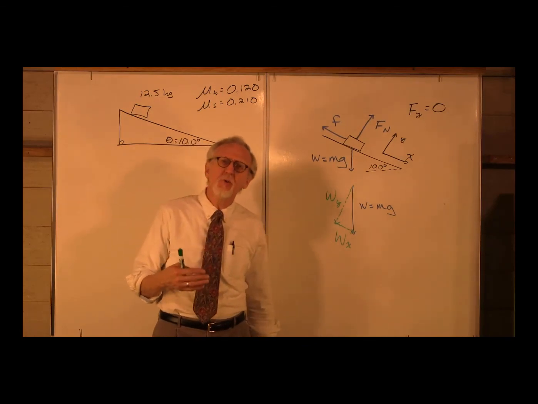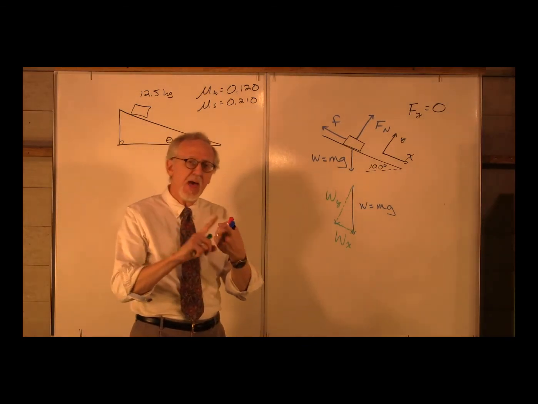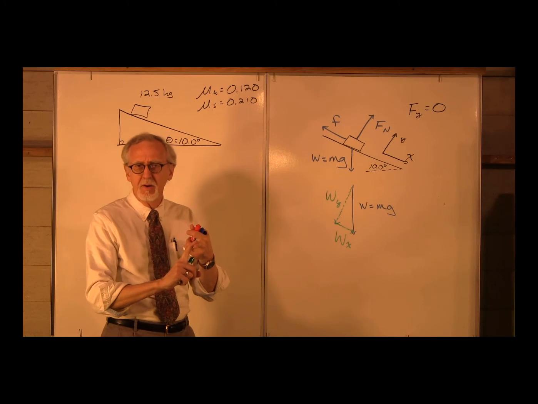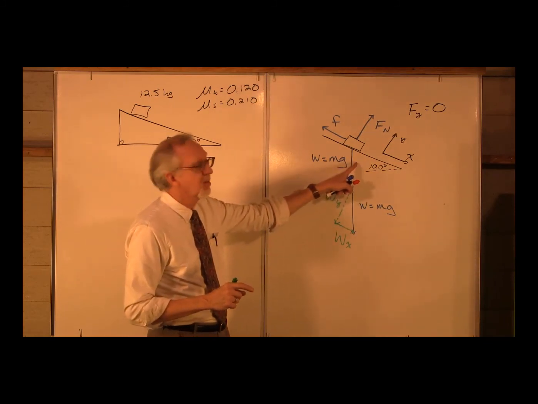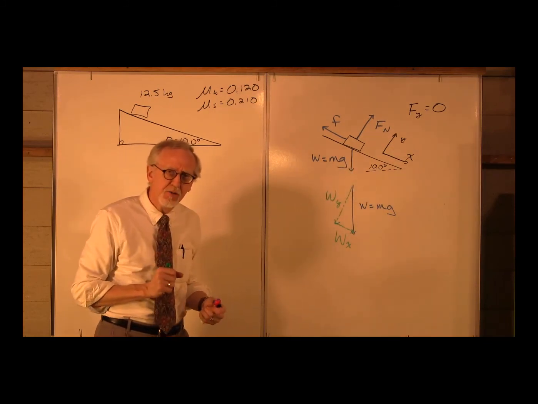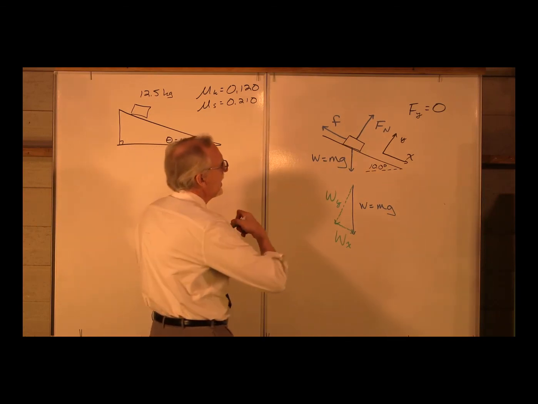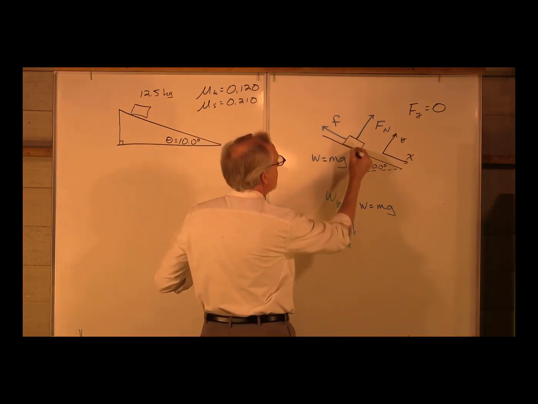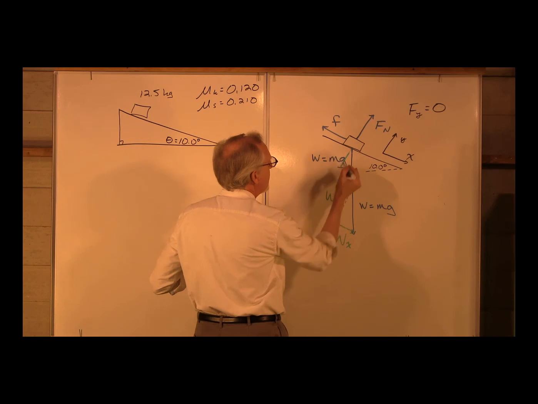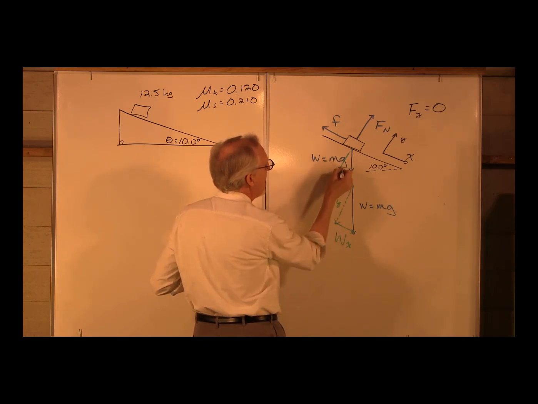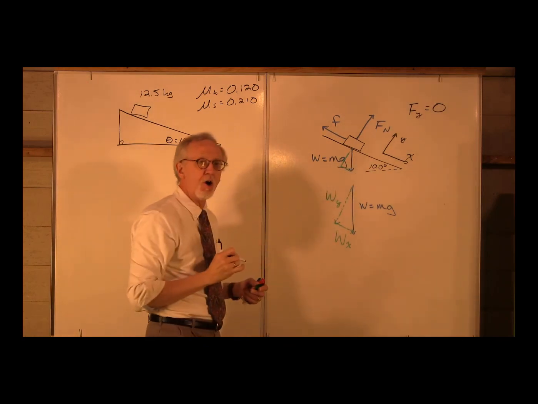What we have to do is break the weight down into its x part and its y part, keeping the weight vector as the hypotenuse of the triangle. We need to break that down into a part that is perpendicular to the incline and a part that is along the incline.